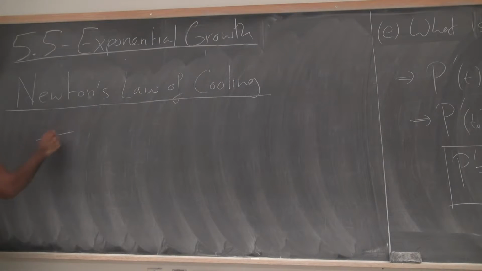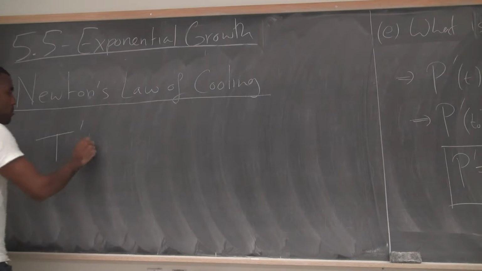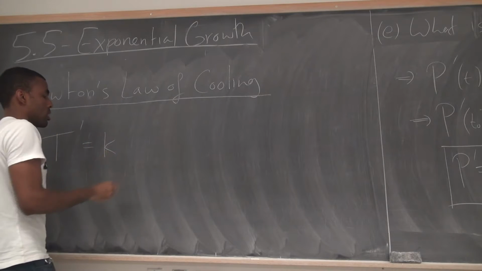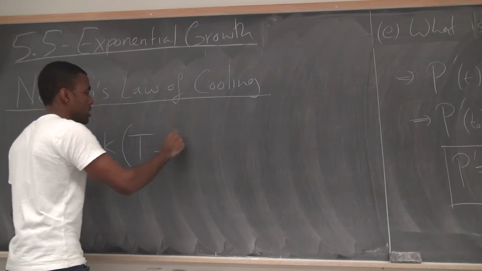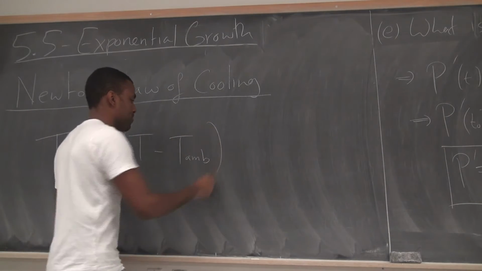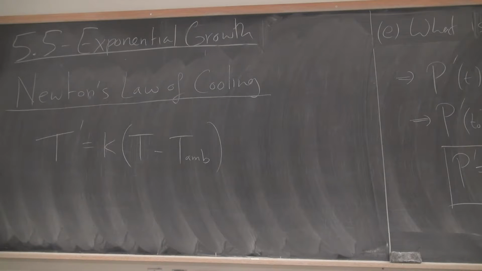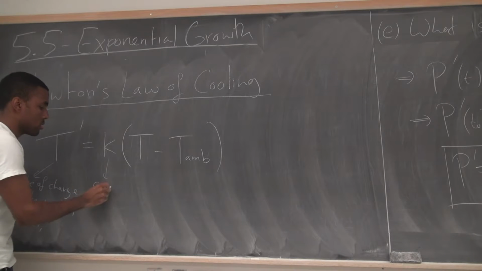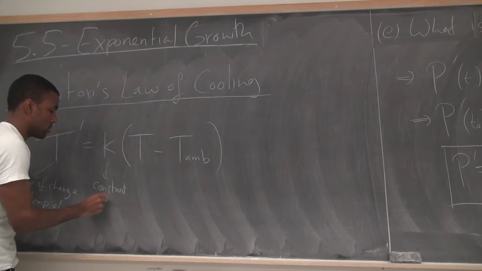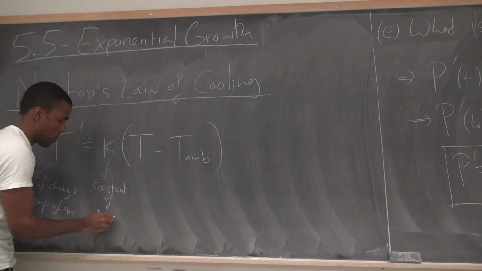Basically, his law says that T prime is a constant times T minus T ambient. So T prime is the rate of change of temperature of an object. k is just a constant, the constant of proportionality.